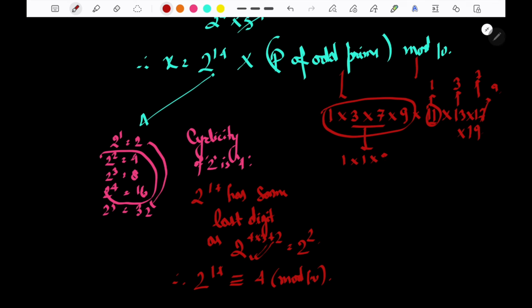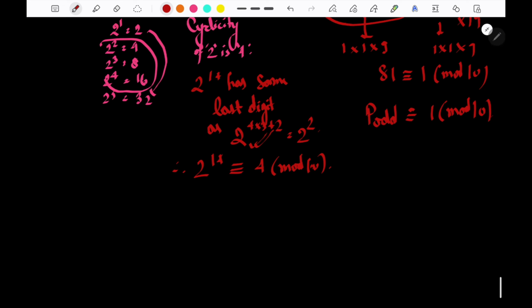So 1 into 9, and again 7 times 3 is 21, so 1 into 9, that is 81, which is 1 mod 10. So basically all of the odd product will have remainder 1 when divided by 10.